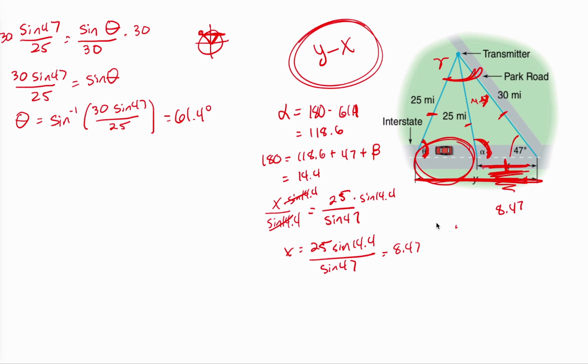So, if theta is 61.4, 180 equals 61.4 plus 47 plus gamma. That means that this angle that I'm calling gamma is going to be 71.6.